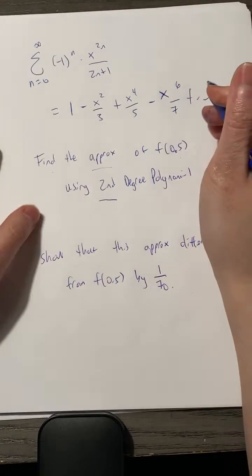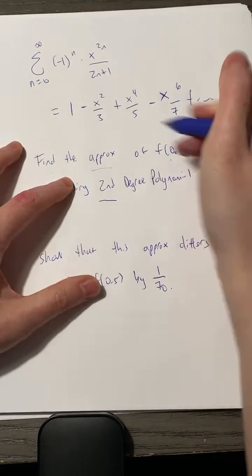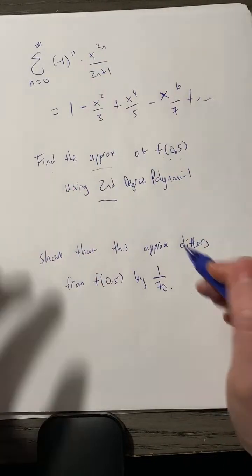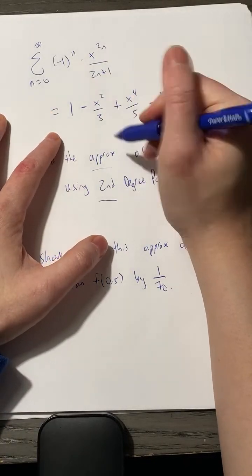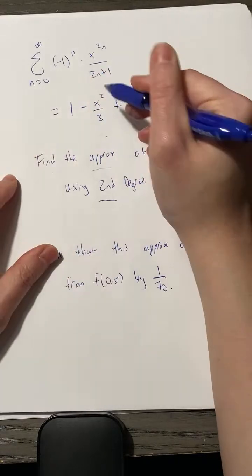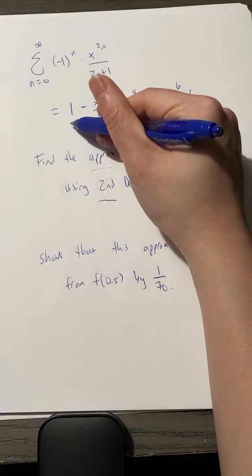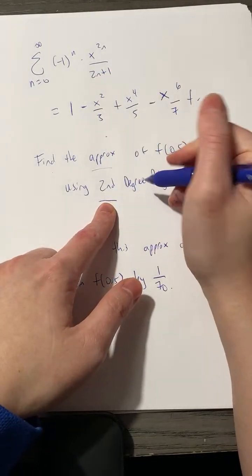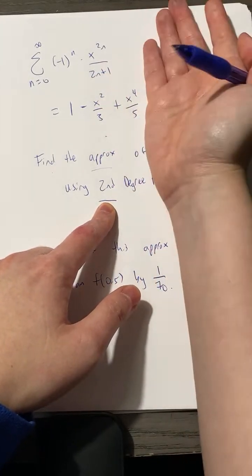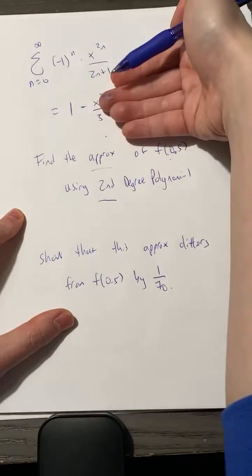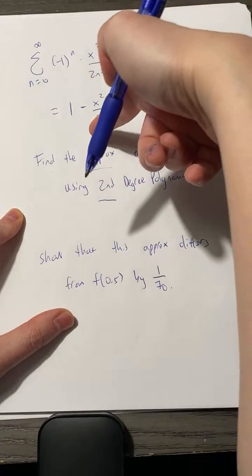And so what we're going to do is take 0.5 or 1/2 and plug it into this function. But we only have to plug it into specific terms. Keep in mind that it's not the first two terms. It's not just the x squared term, it's up to the x squared term, which does happen to be the first few terms. But second degree Taylor polynomial is this, fourth degree would be this, sixth degree would be this, and so on. So I'm going to do the second degree, so I'm covering this up, and I'm going to plug in 0.5.